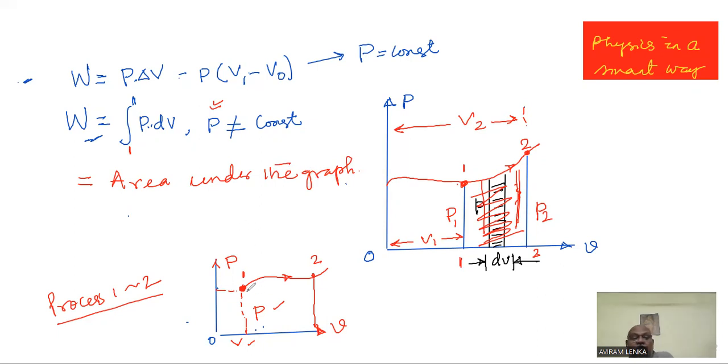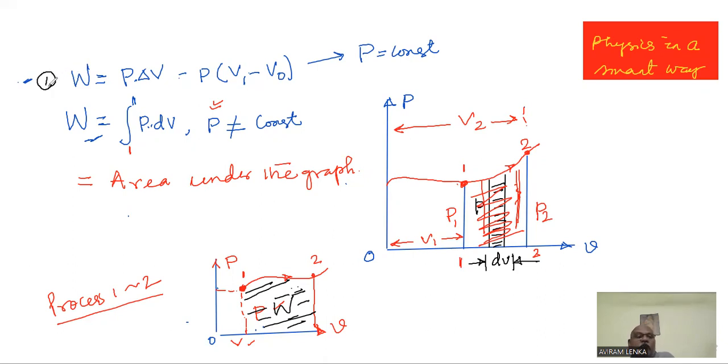If somebody wants to find out in the previous graph how much work is done as the gas goes from 1 to 2, the work must be equal to the area under the graph, from the graph down to the volume axis. So the work done can be found out.